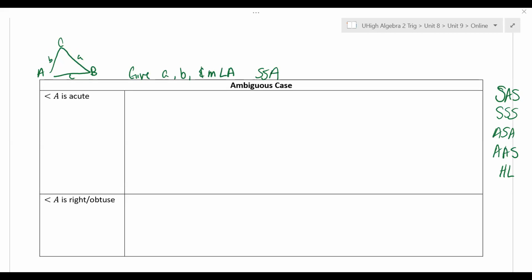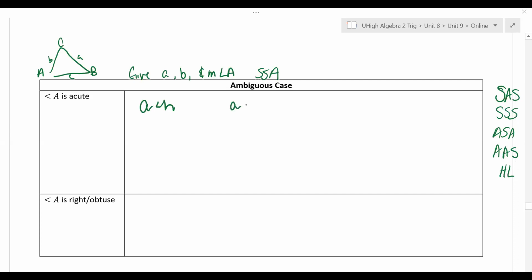So I'm going to have four different scenarios when A is acute. Angle A could be acute, and my side length a could be less than h.